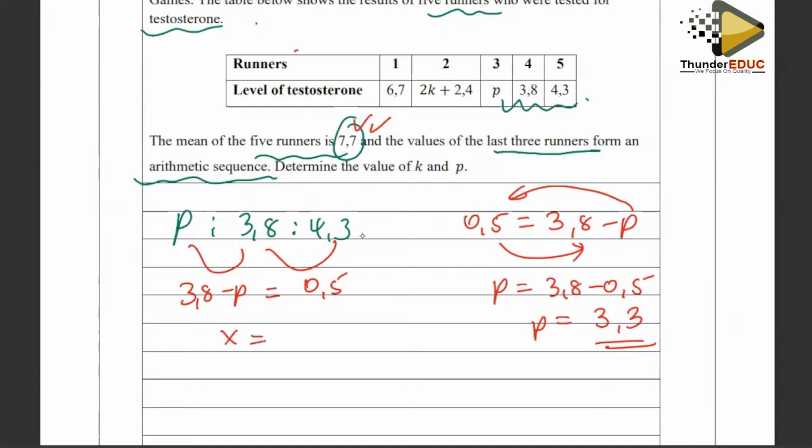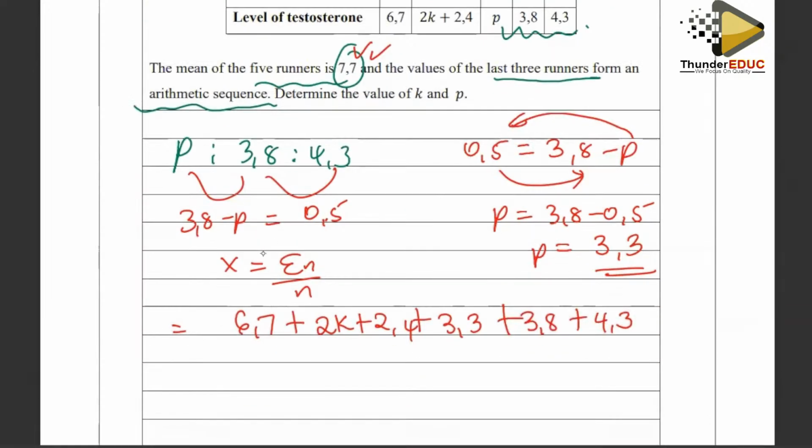Okay, then let me bring in the aspect of the mean. Note that the mean is the summation of all items over the number of items. Meaning that if I get my 6,7 plus my 2K plus 2,4 plus my P, which I got as 3,3, plus the 3,8 plus the 4,3, when I divide this by 5, I must get 7,7.